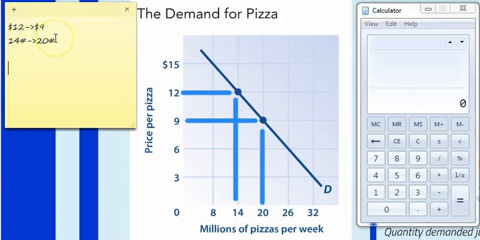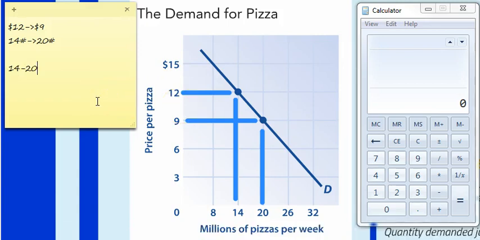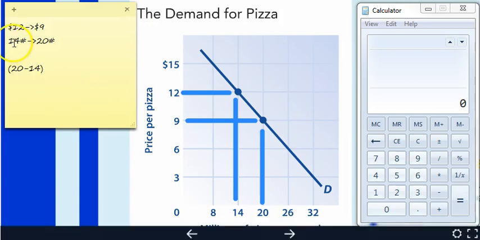So to do percent change of quantity over percent change in price, we would do 20 minus 14, and then we're going to divide by our first number.